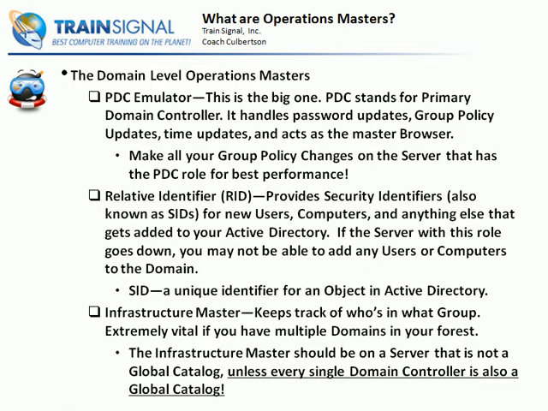So here's the general rule. I want you to remember this. The infrastructure master should be on a server that is not a global catalog unless every single domain controller is also a global catalog. Which, remember, right now, both of our domain controllers in GlobalMantics are global catalogs. So it doesn't matter which domain controller is the infrastructure master or not.